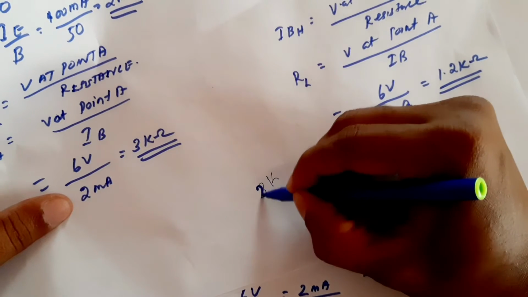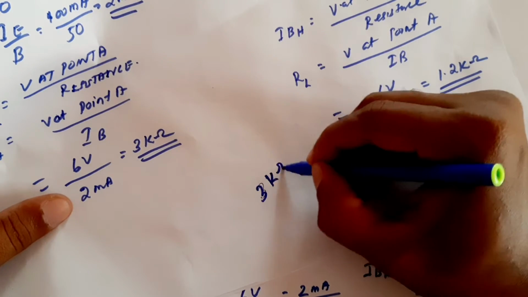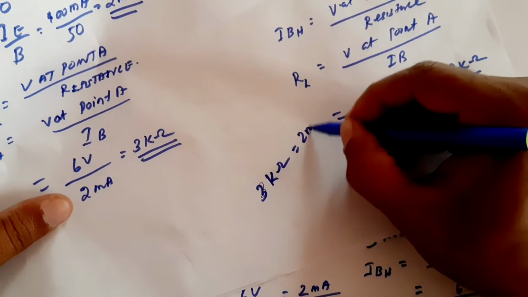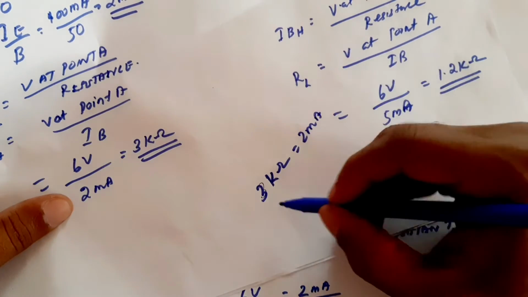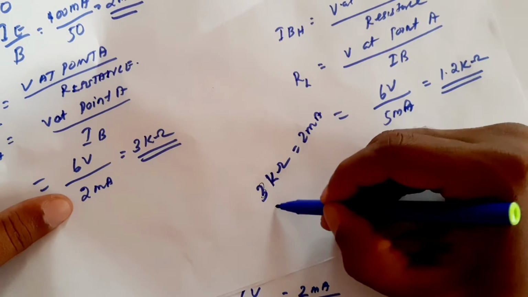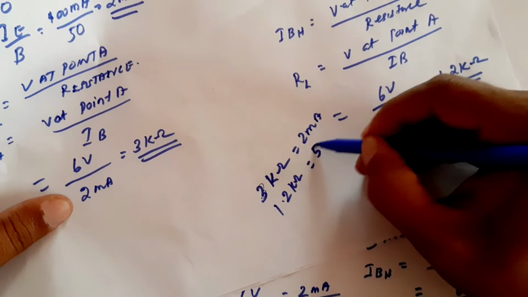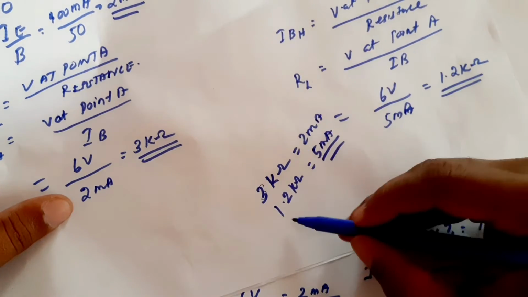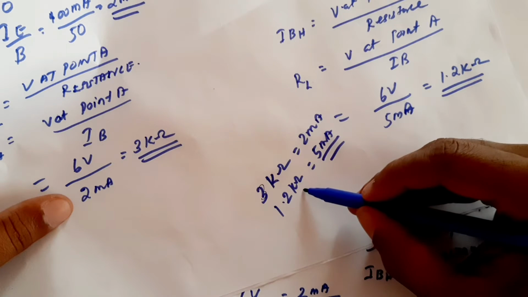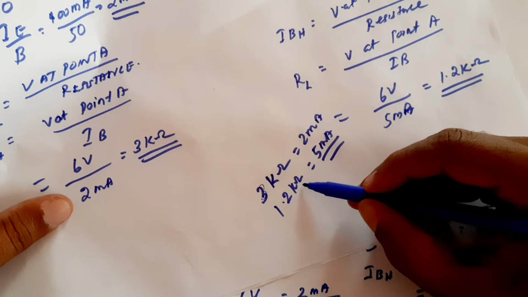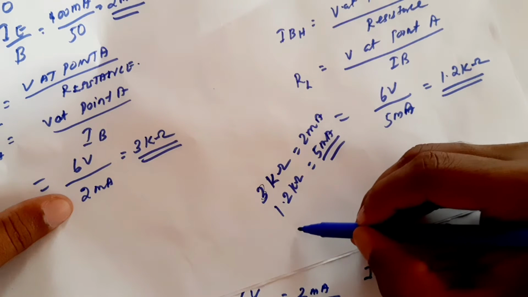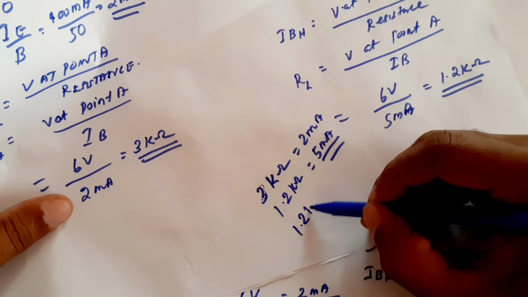So when a 3 kilo ohm resistor is put, we get 2 milliamperes, and when a 1.2 kilo ohm resistor is put, we get 5 milliamperes. So the fixed resistor is 1.2 kilo ohm.